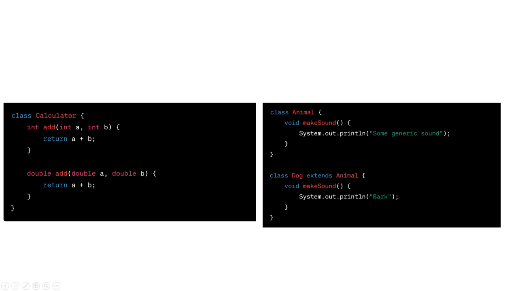This one's returning a double, and the top one is returning an int. On the right is runtime polymorphism. This is typically where you see the extends keyword, and it's where you see actual inheritance happening. You see here that the dog extends animal, and then it inherits and overrides the make sound method from animal.